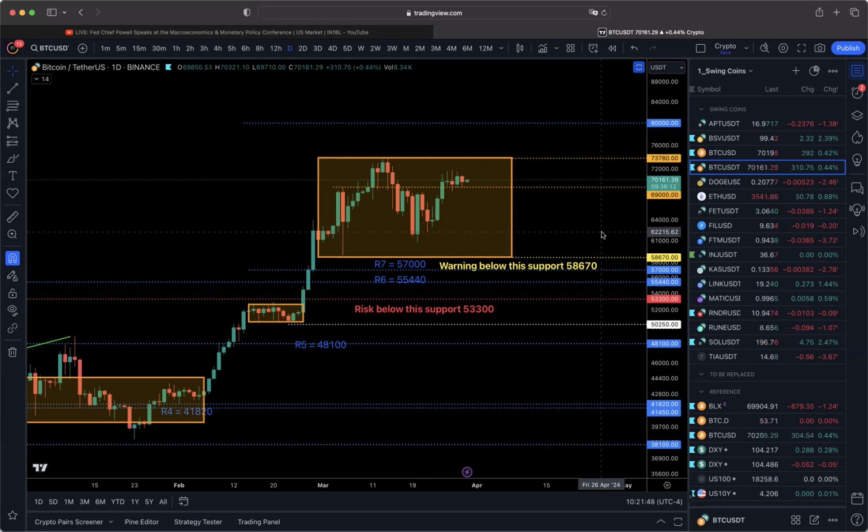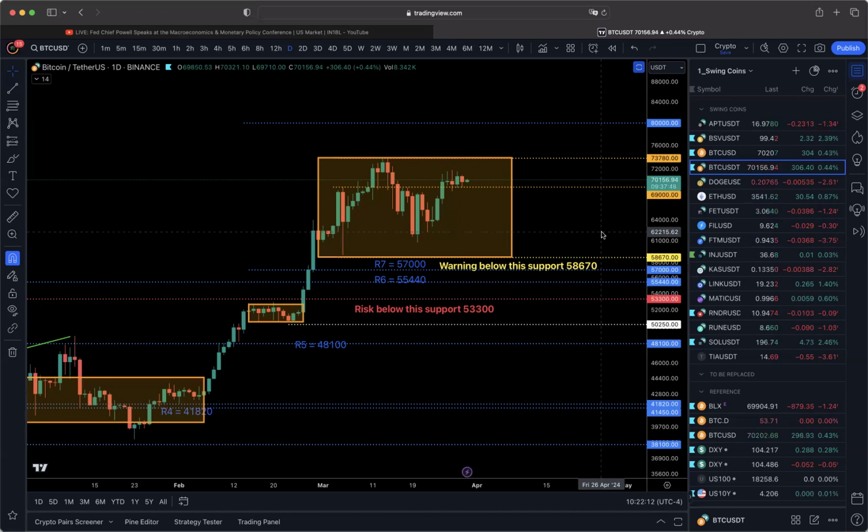And weakness is measured, or quantified, I would say, in terms of what level it breaks. If it breaks a certain level, then we can say there is weakening. If another level is broken, then we can say there is potential risk to the trend itself.